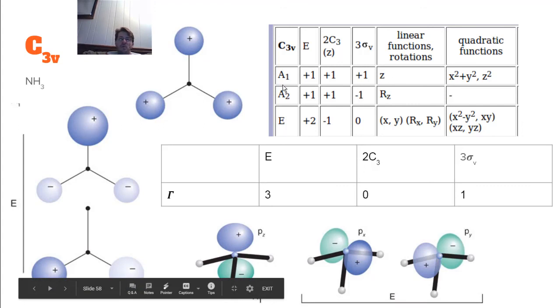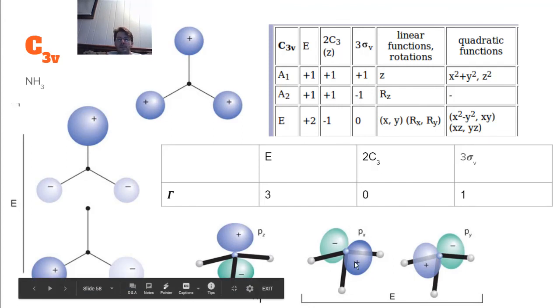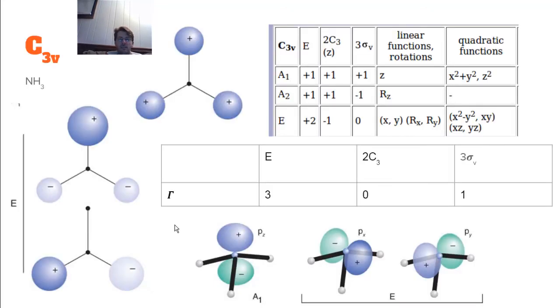One of the S orbitals would overlap, but we can see that the PZ orbital would interact with these hydrogens to form a bond of sorts, a molecular orbital. And then the PX and the PY would interact with these. And you can actually see that your book has some lovely pictures where it shows you how they overlap in a positive way, on page 203. And that's what it tells you.